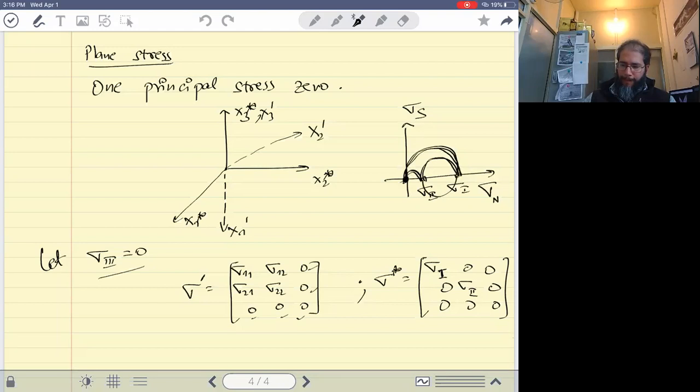Right. So the x1 star direction corresponds to this point A as we call it, and then we have point B, which is my x2 star direction, and then point C corresponds to my x3 star direction, which is 0 here.